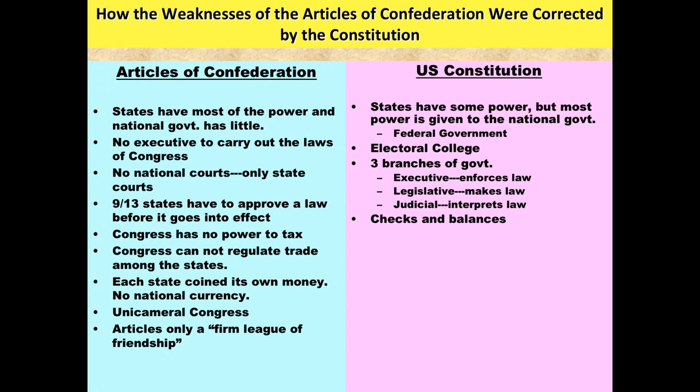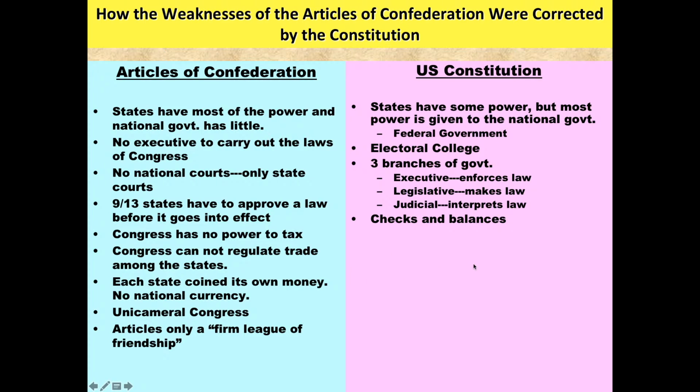Let's come up with another example, okay? The legislative branch has impeachment powers over the executive and over the judicial. The executive branch has veto powers over the legislative. So you see, they kind of check on one another.